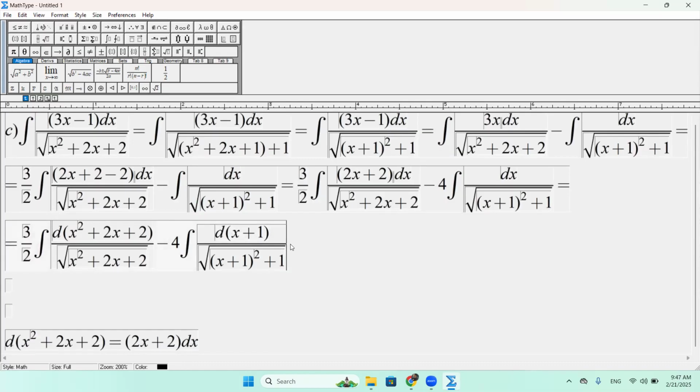So it's okay for us. And now we can integrate. We have integrals that suit table integrals.